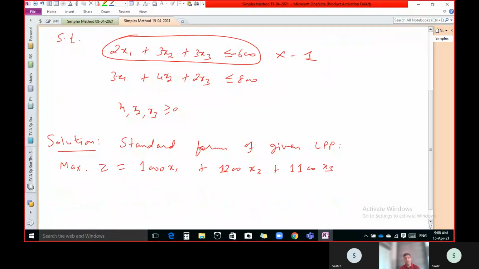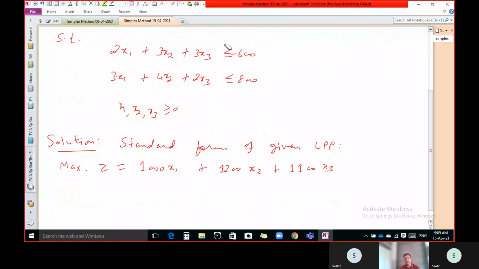Then we get minus 2x1, minus 3x2, minus 3x3, and instead of minus 600, we get plus 600. And the sign of inequality is also changed. Instead of less than or equal to, we write greater than or equal to, and instead of greater than, we write less than. So if we multiply by minus 1, the sign of inequality will change.